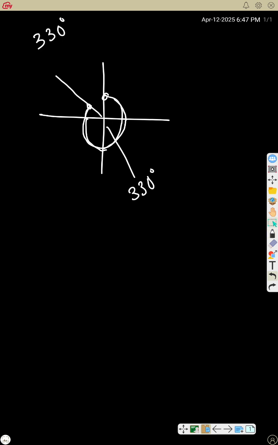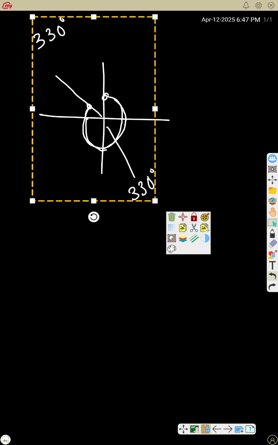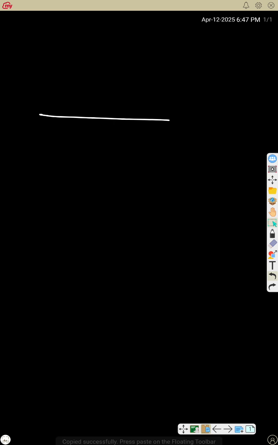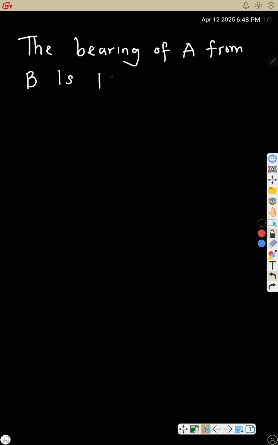So let's see a simple illustration of bearing. Example, let's say the bearing of A from B is 194 degrees.